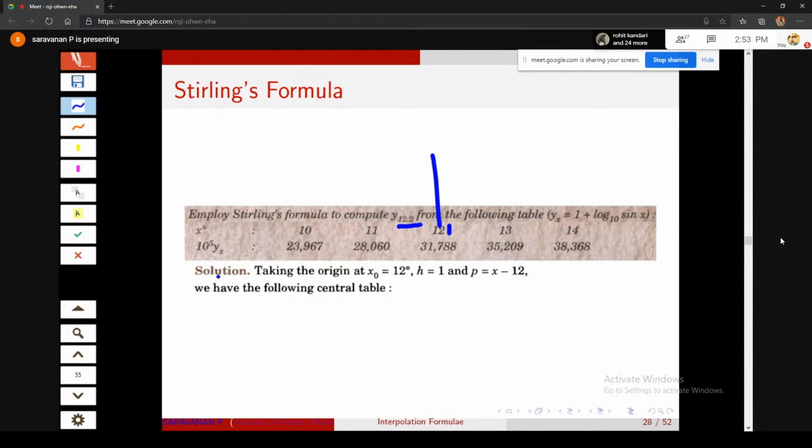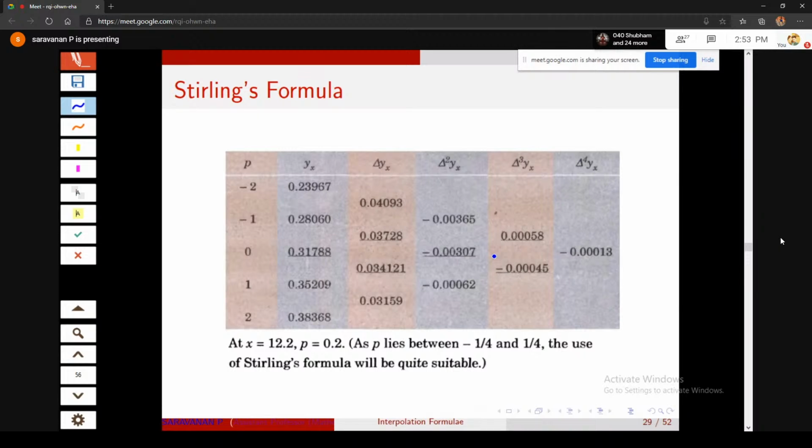But whatever is in the table is 10 power 5 by x, while computing you have to write only y x. So you divide these values by 10 power 5 and you will get 0.22 something. So this is your x0, this is your y0. Exactly at the center, even values will coincide. Odd values, just above and below, you will get.